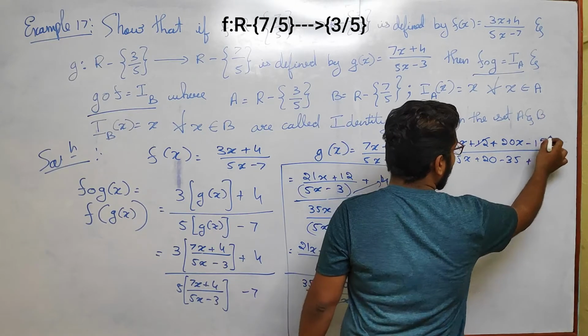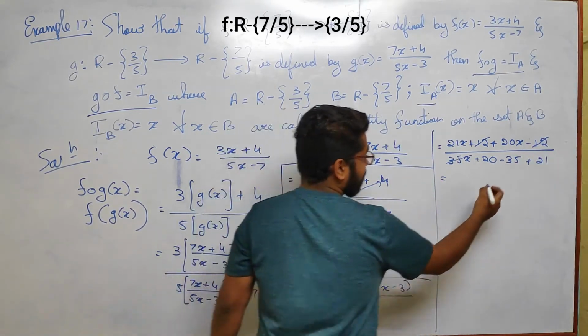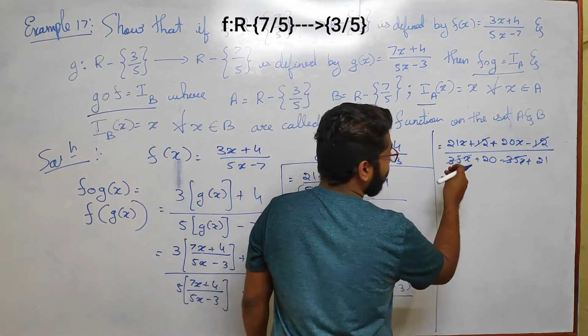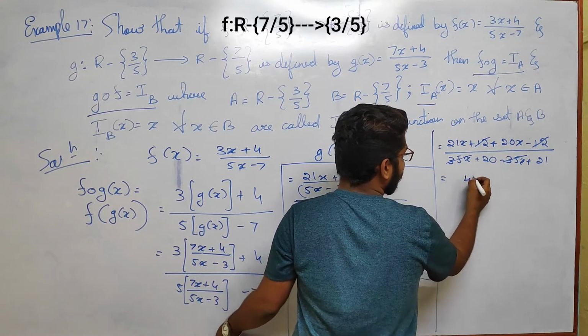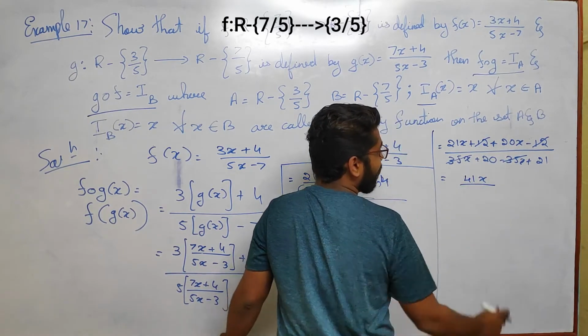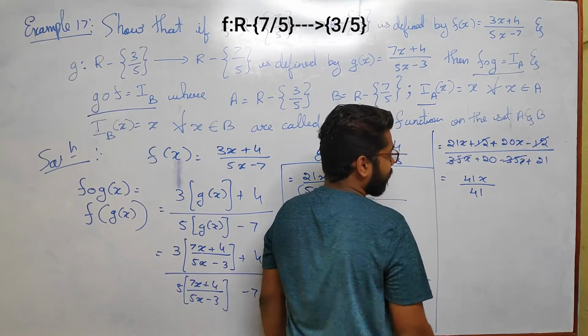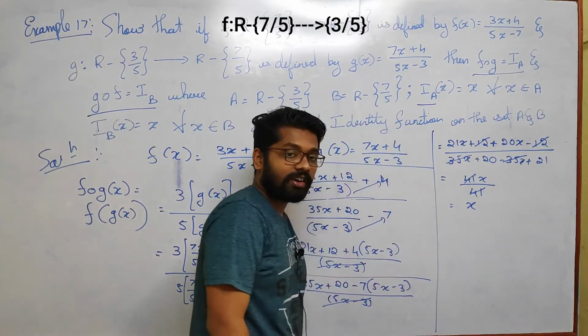Okay, 12 gets cancelled. 35x it is, so 35x gets cancelled. Remaining in the numerator: 21x plus 20x is 41x, divided by 20 plus 21 is 41 only. 41 cancels, x. Got it?